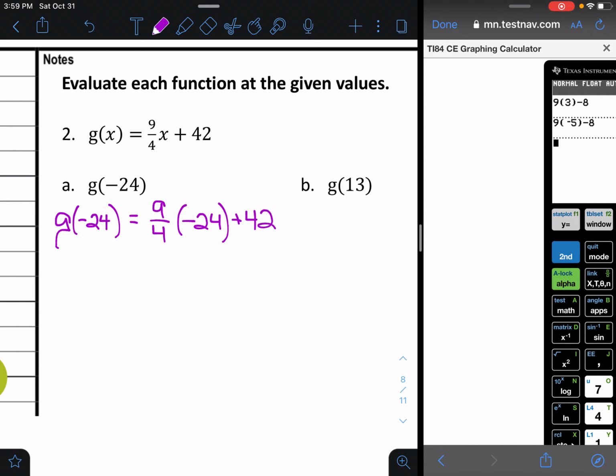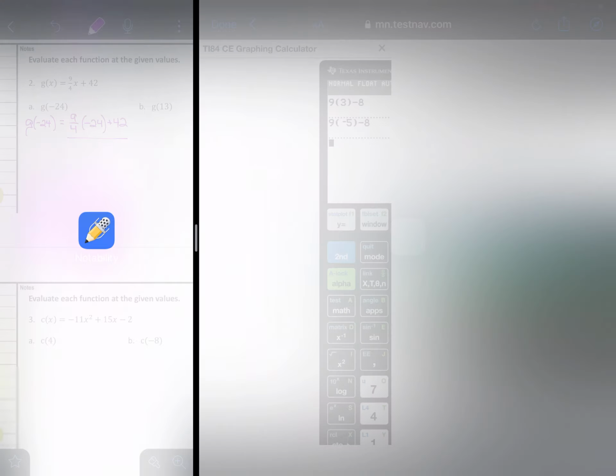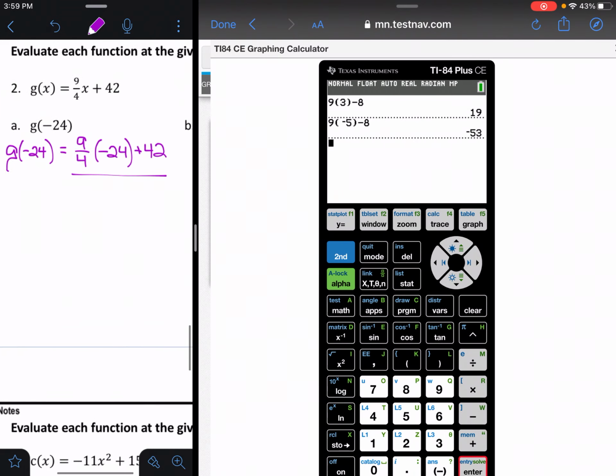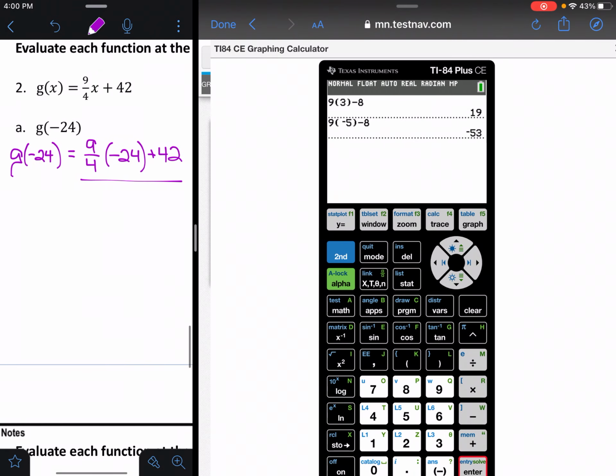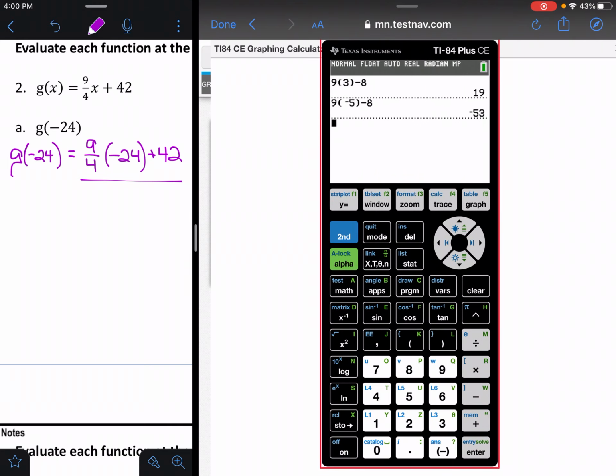Okay, now that is going to go into my calculator, this part right here, just the way I wrote it. So if you write it correctly, you'll be just fine. All right, let's do that. And I'll make this a little bit bigger so we can see. Now when you do fractions, just put them in parentheses.